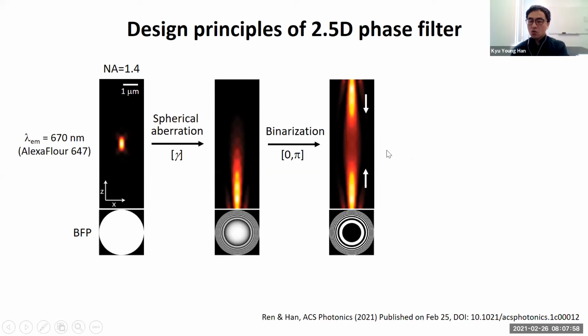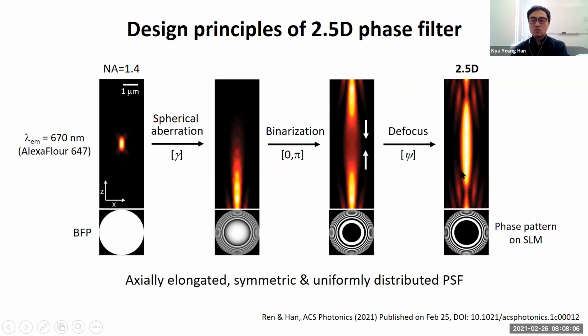But using the defocus term, we can move the side lobes close to the center. And then finally, we have a very uniform, elongated, symmetric PSF. We like to call this the 2.5D phase filter, and we also call our technique 2.5D microscopy.